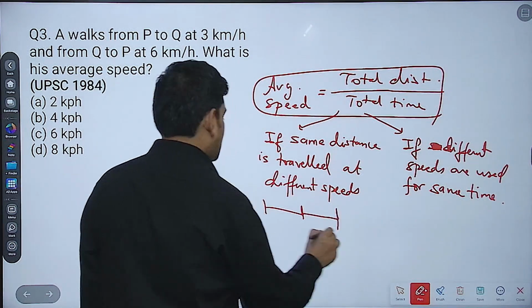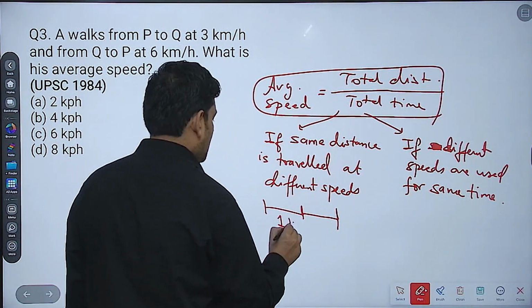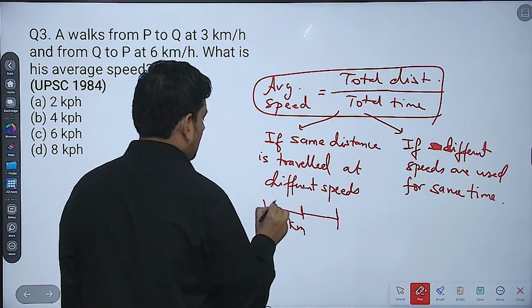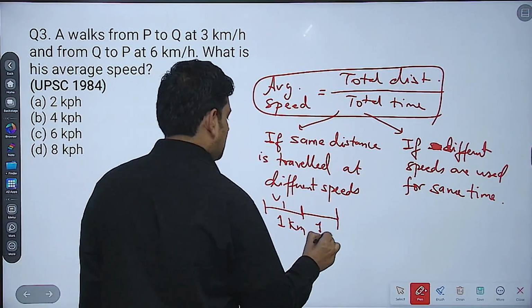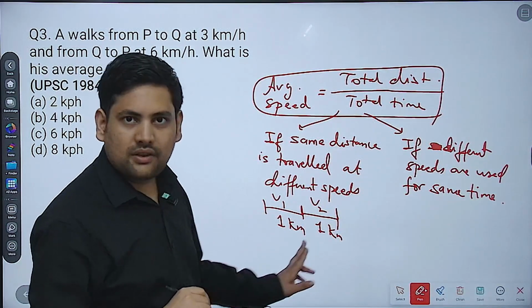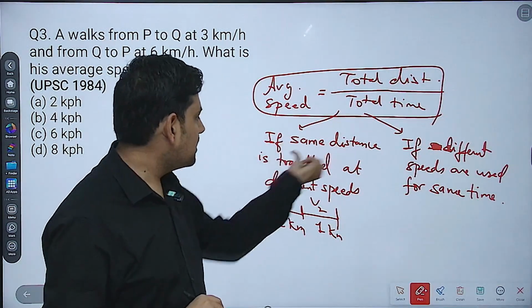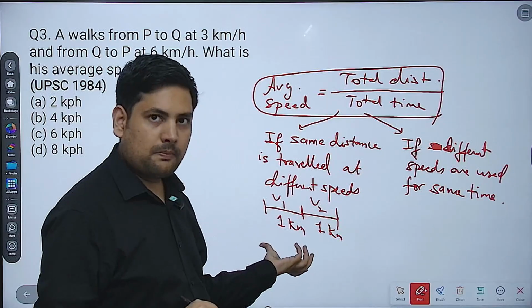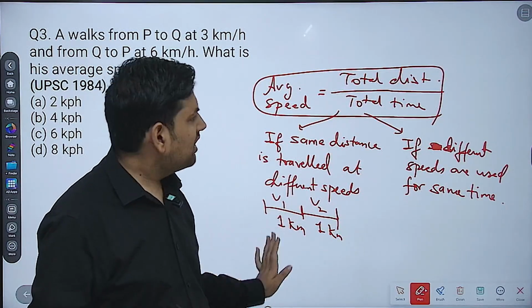If it says that a vehicle goes 1 kilometer at a speed of v1 and it goes another 1 kilometer at a speed of v2, this is the first case. In this, the distance traveled at different speeds is the same. Now how you calculate this, we'll see.